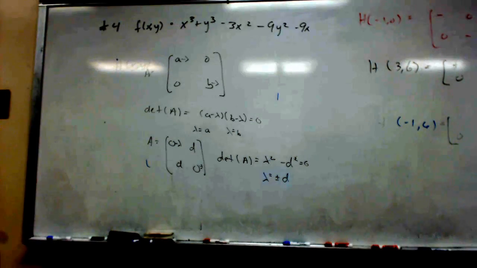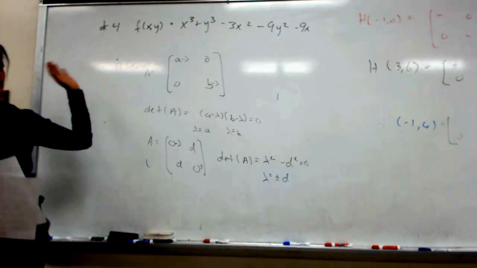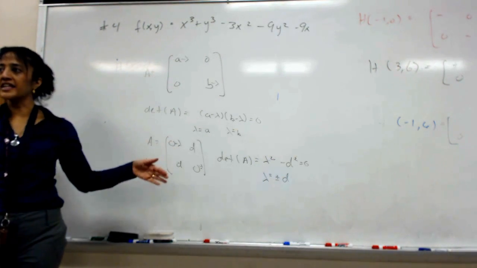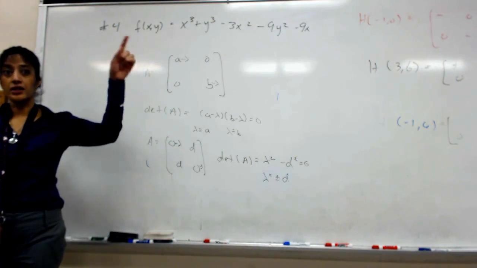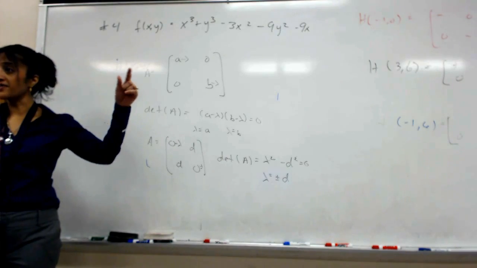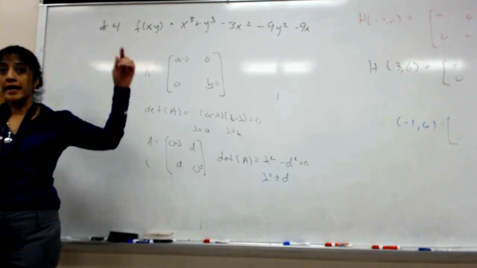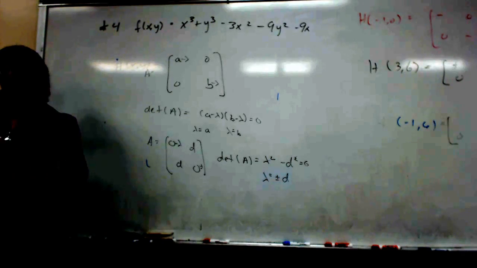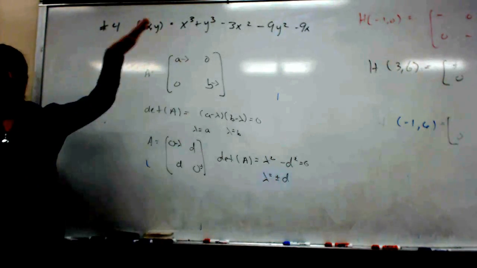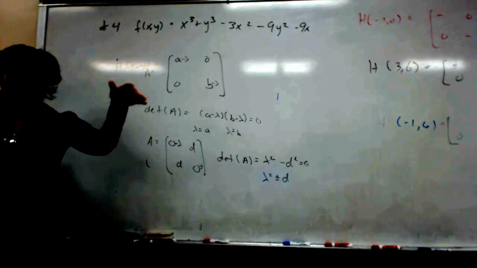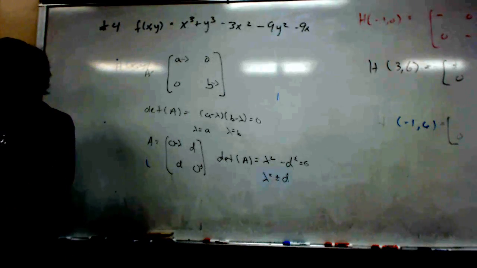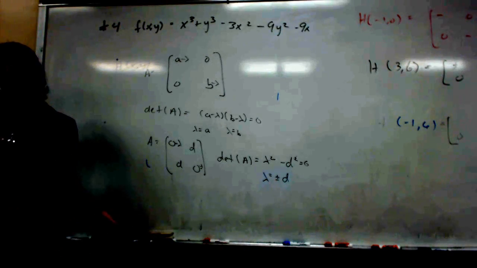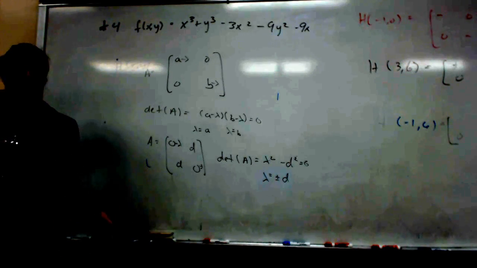Do you remember the problems where you had to find a max or a min over an interval? Then you had to find the critical points in that interval, and then find the values at the boundaries, and list them in a table, and the biggest one was your max and the smallest one was your min. Here, you have a surface, and you want to find the max or the min over a region on the XY plane. The region they give you in number 5 is a circle in the XY plane.